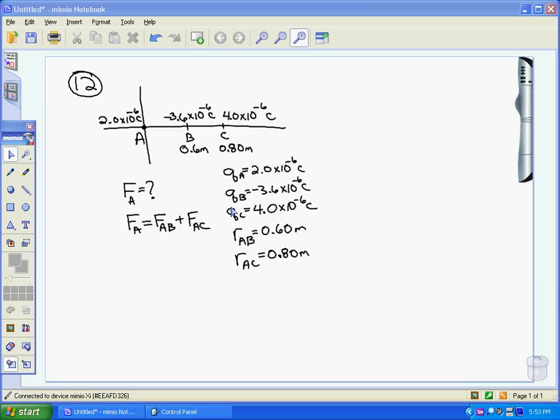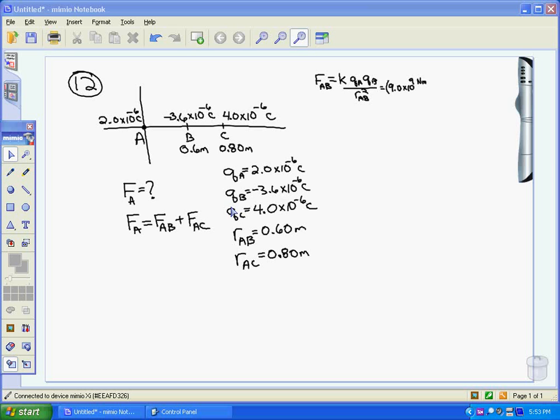Now, calculating the force of B on A, the formula for this is going to be K times Q of A times Q of B over the radius between A and B, quantity squared. Plugging in some numbers, we know that K is equal to 9.0 times 10 to the 9th newton meters squared per coulomb squared, or the units.